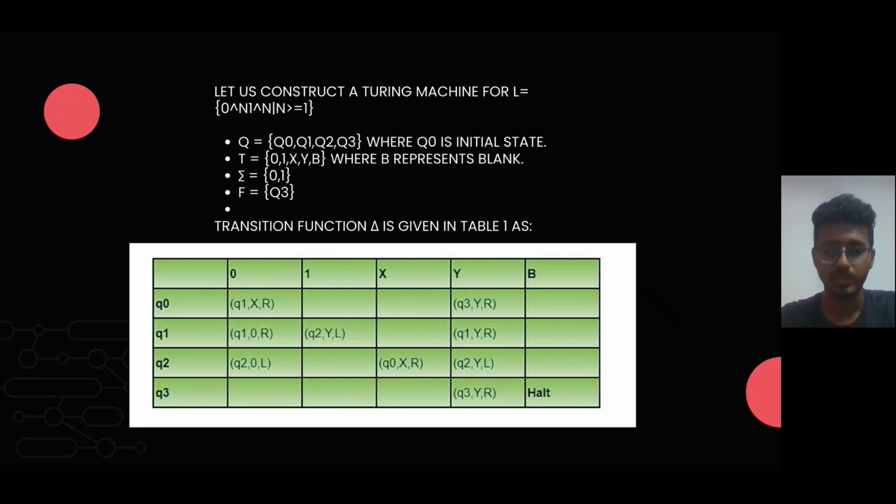For such a Turing machine, the value of Q, the finite set of states, would be Q0, Q1, Q2, Q3, where Q0 is the initial state, and T will be 0, 1, X, Y, B, where B represents blank.